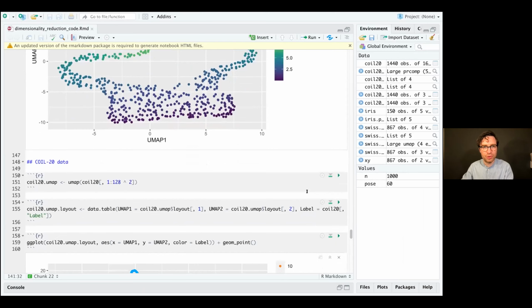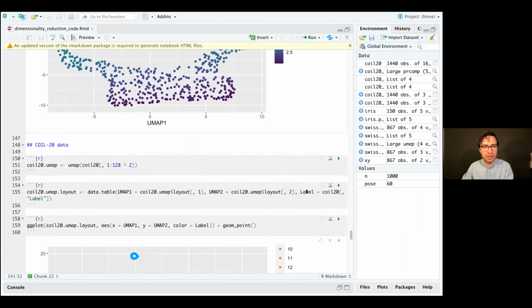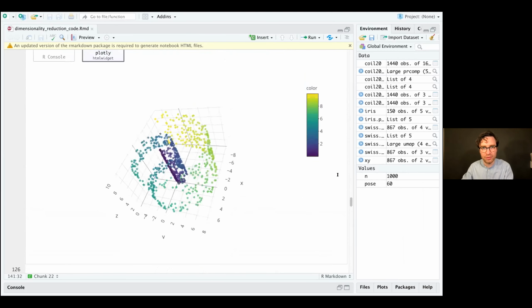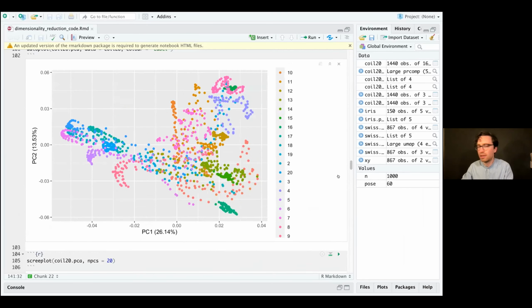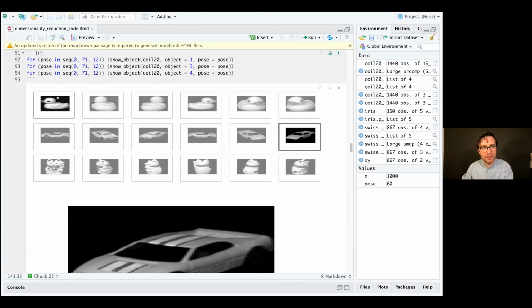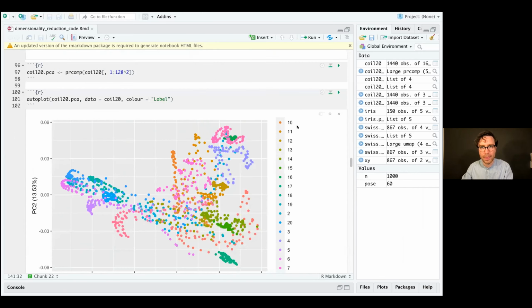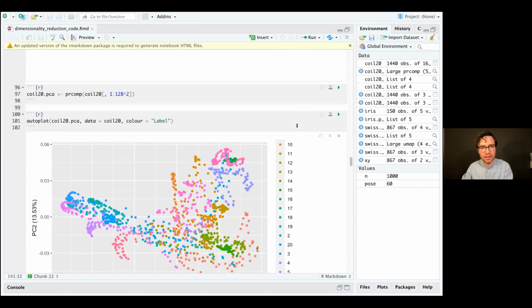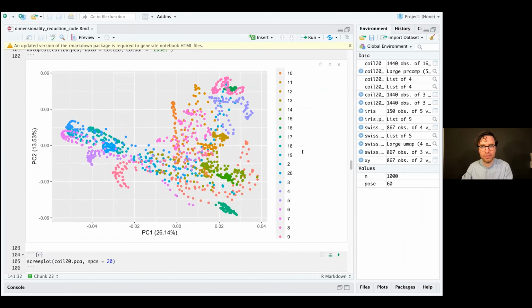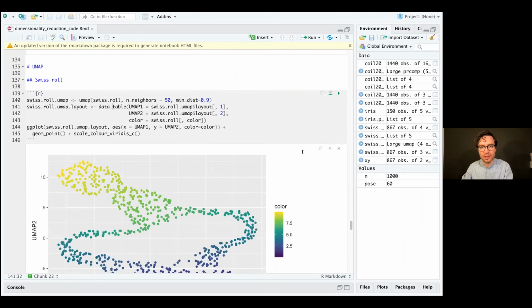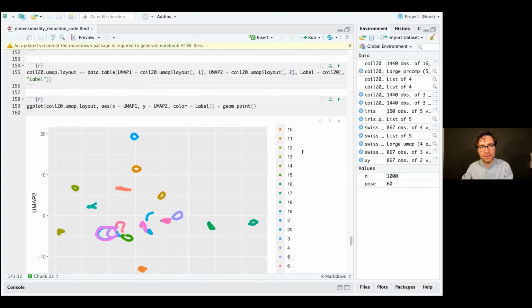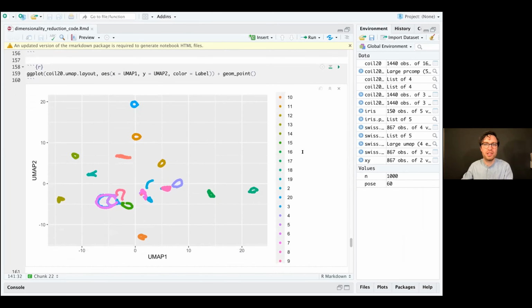I also wanted to show you a UMAP representation of the COIL-20 data that I showed you above. Remember, this was the data set where we had pictures which are rotated, and where the PCA didn't look very informative. Now, if we do the same thing with UMAP and feed in these pictures, this is what we get.